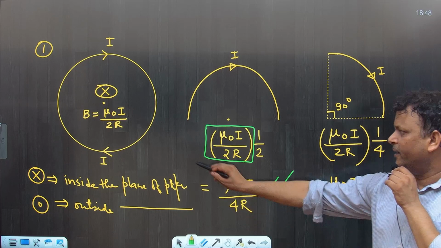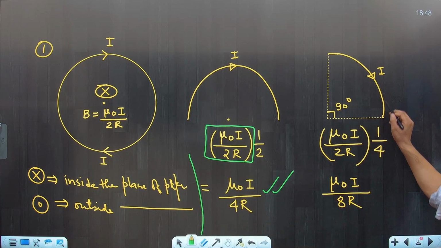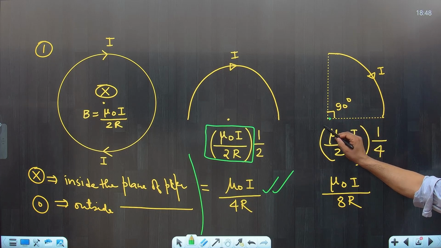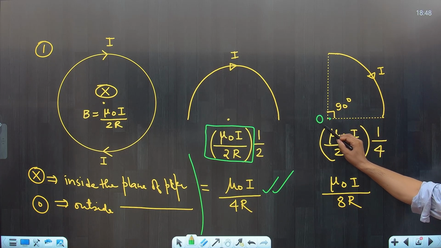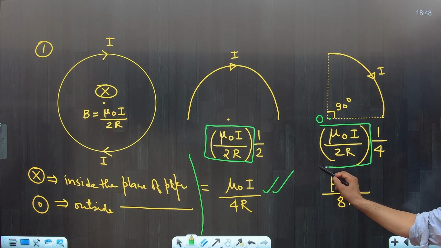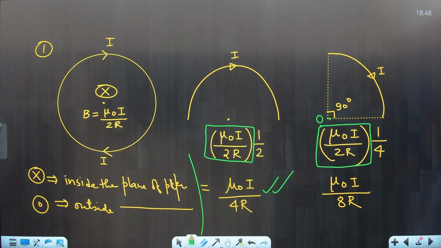In this case it is a quarter circle, 90 degrees. So magnetic field at center will be, you write the expression for complete circle, mu naught I by 2R. Now it is 1/4 of the circle, so you multiply by that fraction 1/4. So you will get mu naught I by 8R.